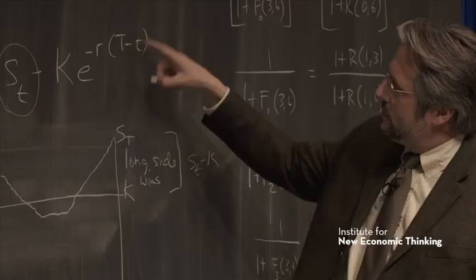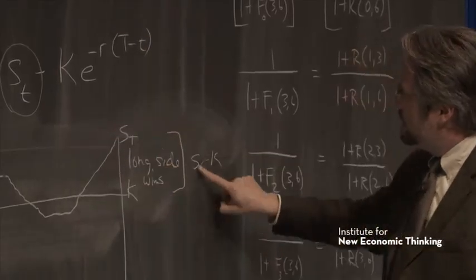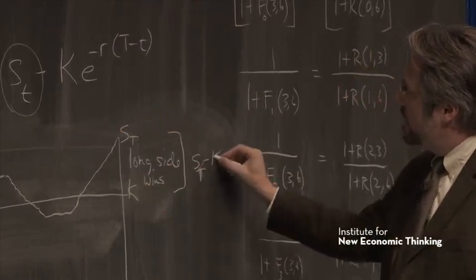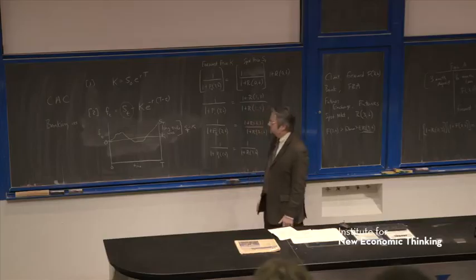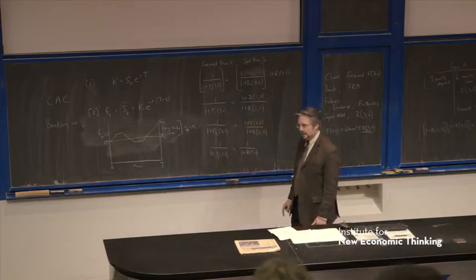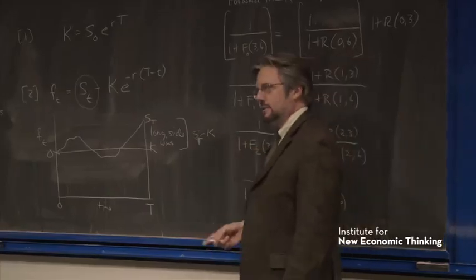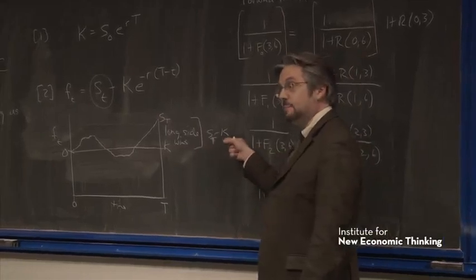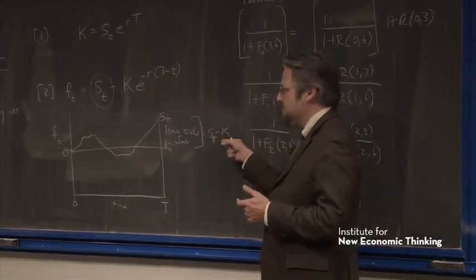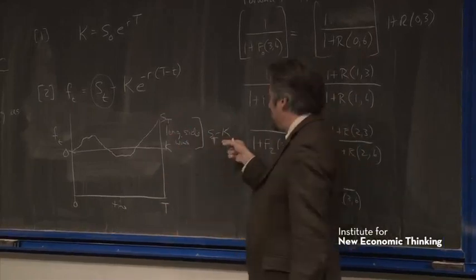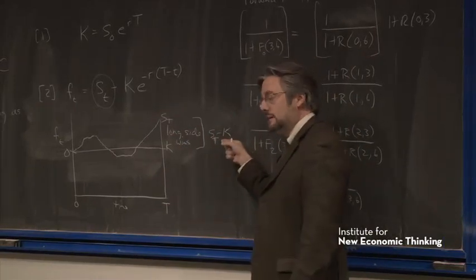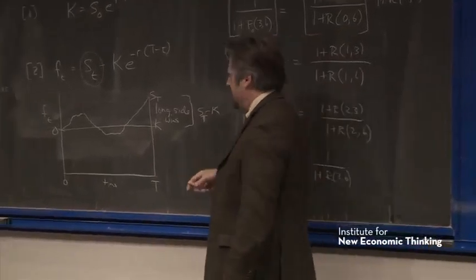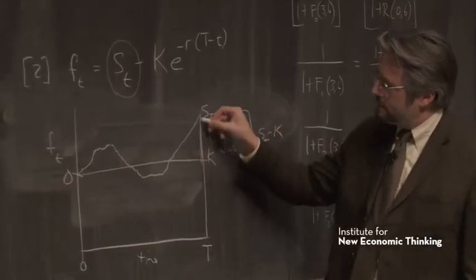Because when t is capital T, this term goes away, and so it's the spot rate at termination minus the forward rate at inception. And that's how much the long side wins. It's the difference between the realized spot price and the forward price that you locked in at the beginning. But there's no cash flows until right here.